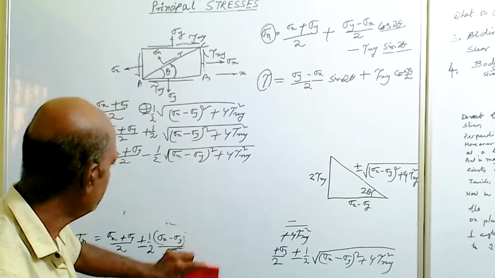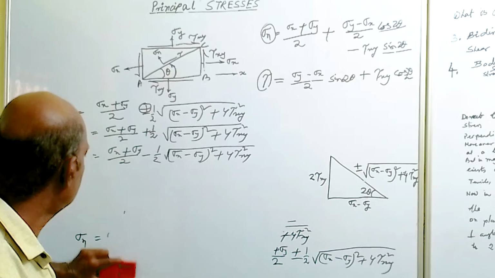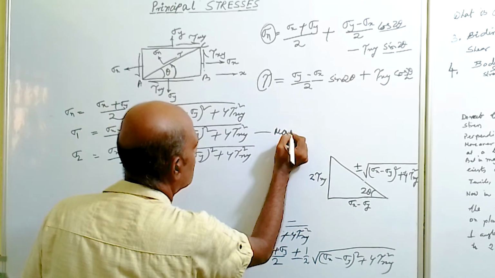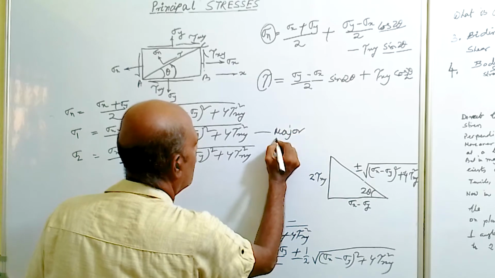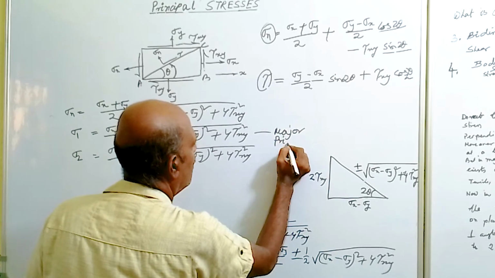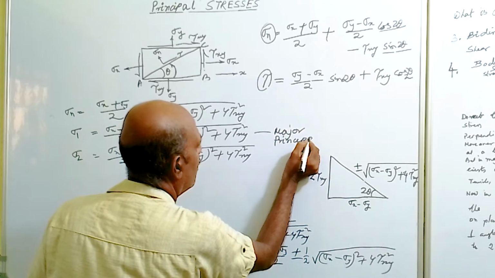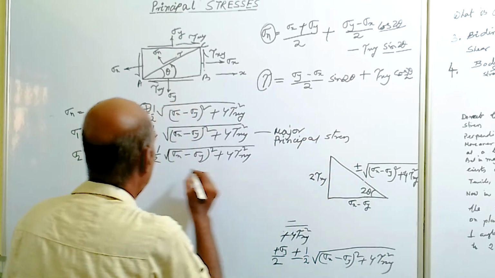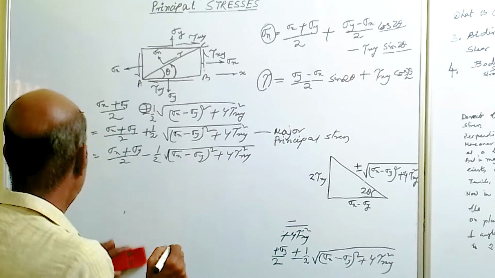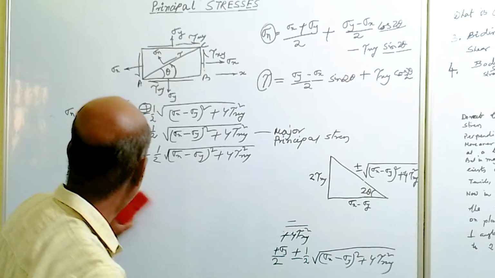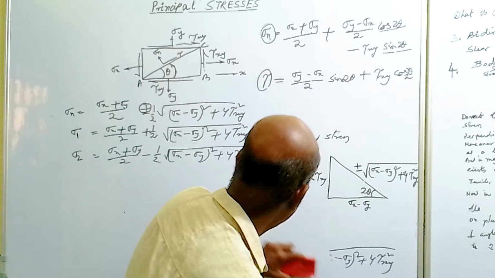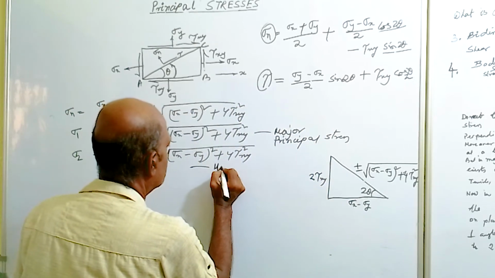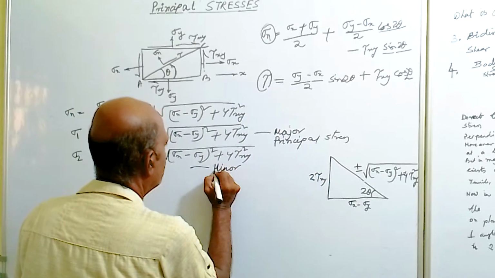One is having the maximum value, that is termed as major principal stress, and another one which will have a lower value will be termed as minor principal stress.